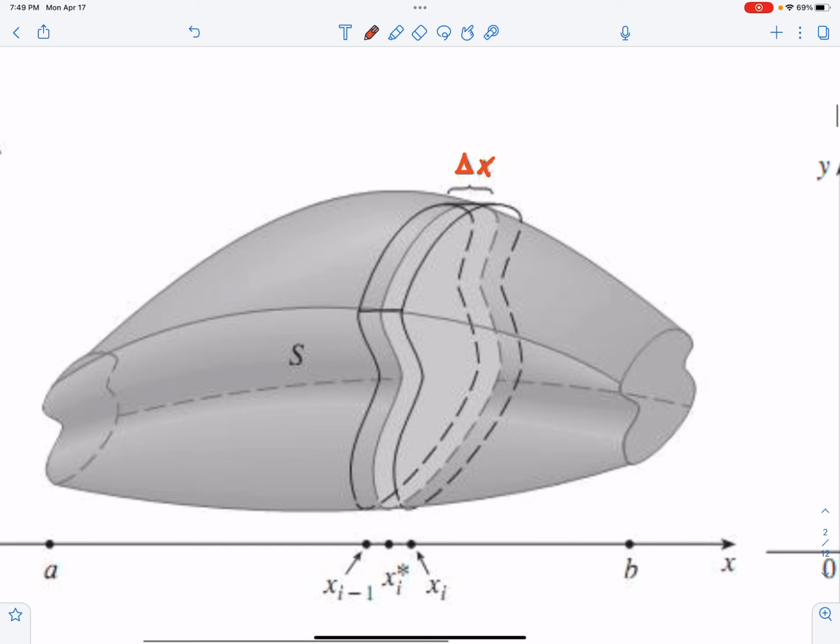One issue we would run into is that if we took a slice out of the loaf of bread, the area of the front wouldn't necessarily match the area of the back. But if the slices become infinitely thin, we could come up with one rule to represent the area of the front and the back of the slice, because the slice would be so thin, and then adding all those up would give us the value of the volume.